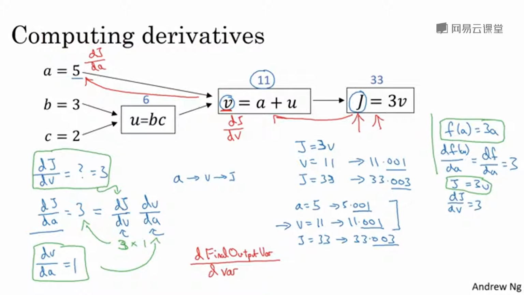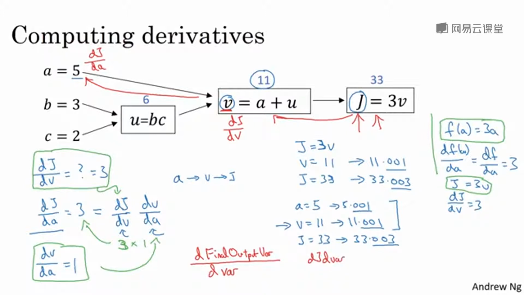And when you implement this in software, what do you call this variable name? One thing you could do is in Python, you could write a very long variable name like d final output var over d var. But that's a very long variable name. You could call this, I guess, dj dvar.